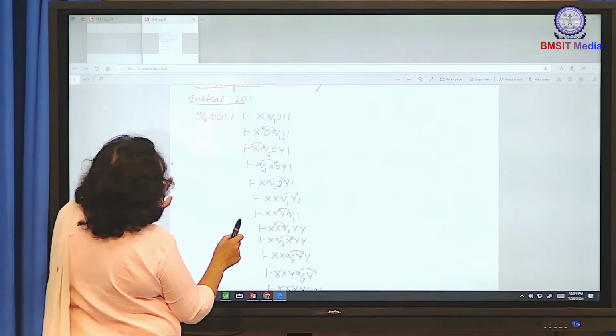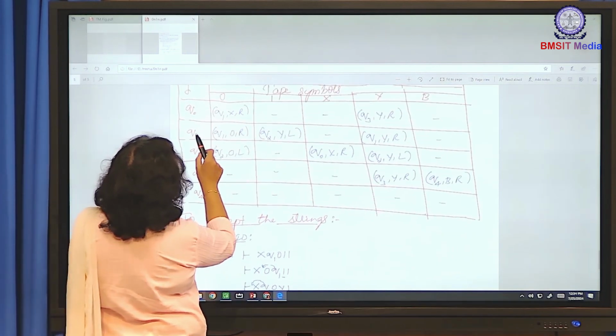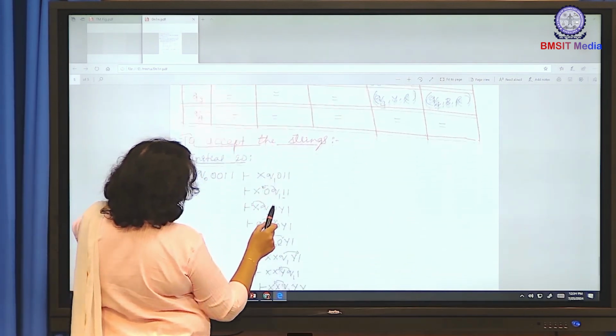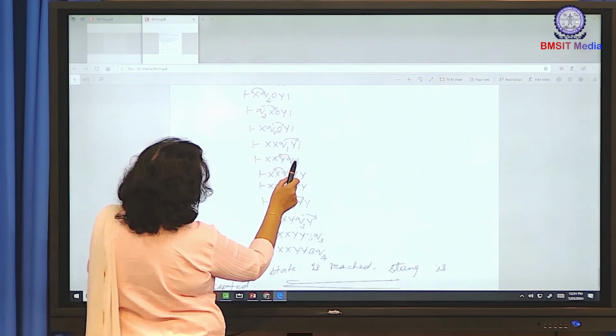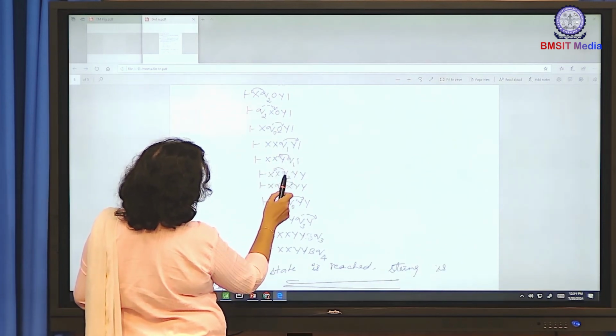Q1 on 1. What is Q1 on 1? Q2, Y, left. So change to Q2 and come to the left. This 1 becomes Y: X, X, Q2, Y, Y. Q2 on Y is Q2, Y, left.